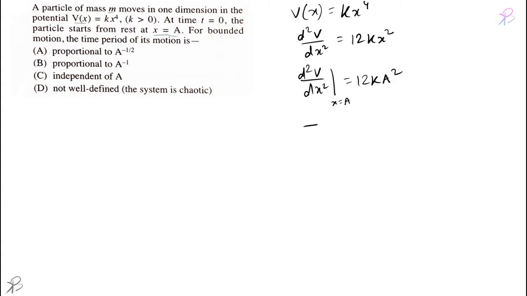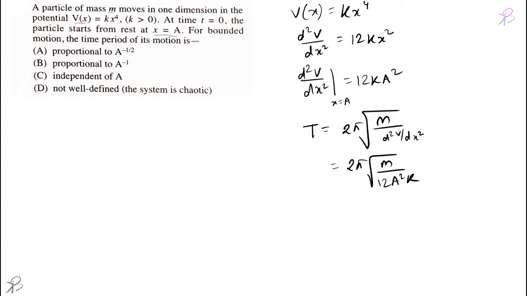And we know that the time period is equal to 2 pi root over m by d2V by dx2. For stable equilibrium, it will be 2 pi root over m by 12ka^2. So it will be 2 pi by a root over m by 12k, right?